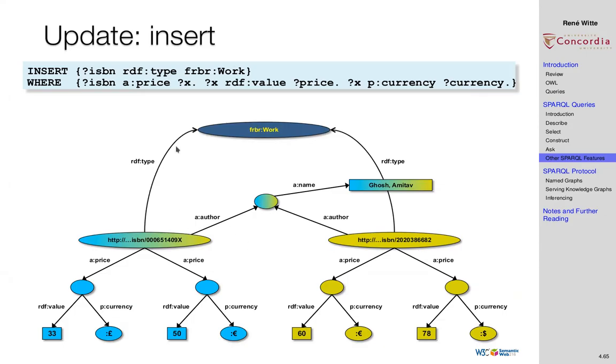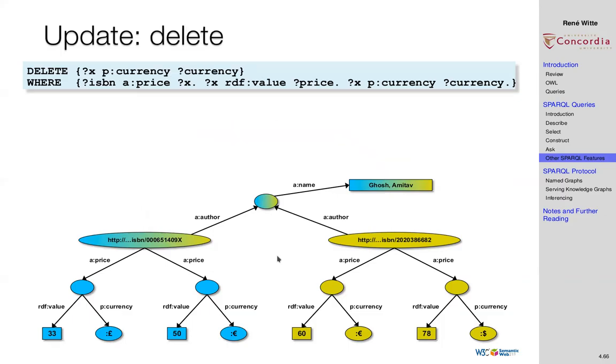And because this here matches the pattern that we have given, we will insert this work URI for both of these books in the knowledge graph. Similarly, you can use delete.